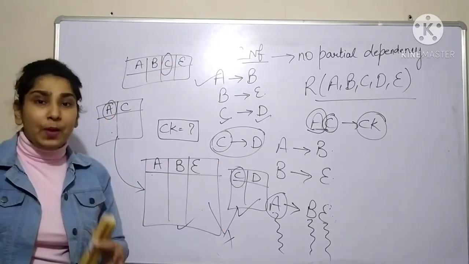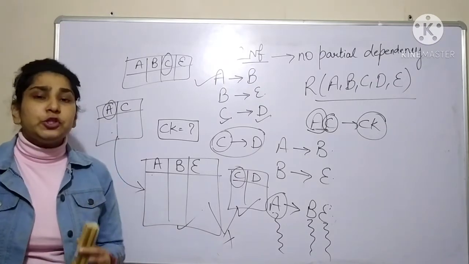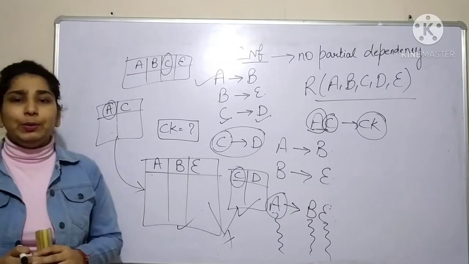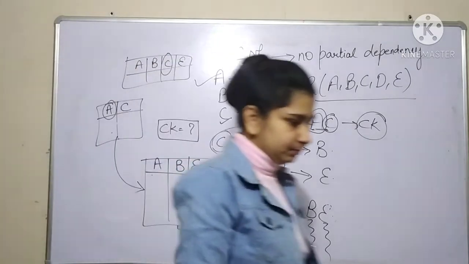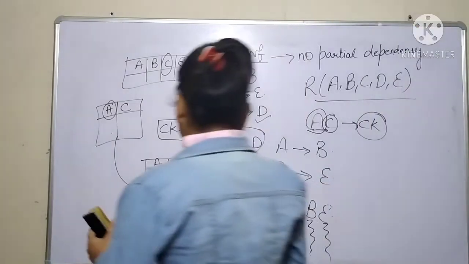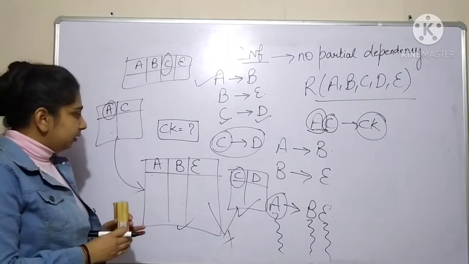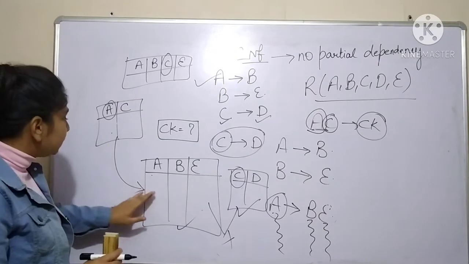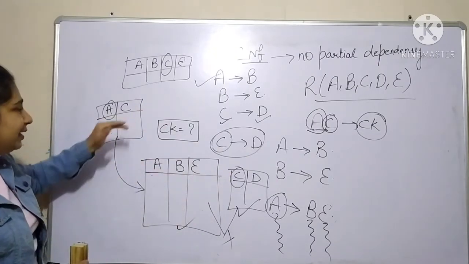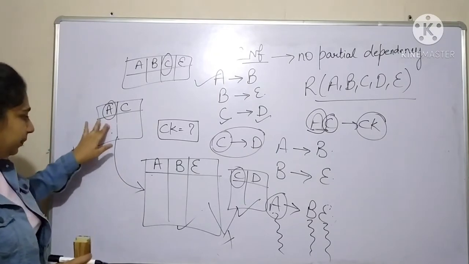Okay, so it is very important that we have one common attribute if we have to combine two relations. So this way we can combine these two relations with the help of this table.